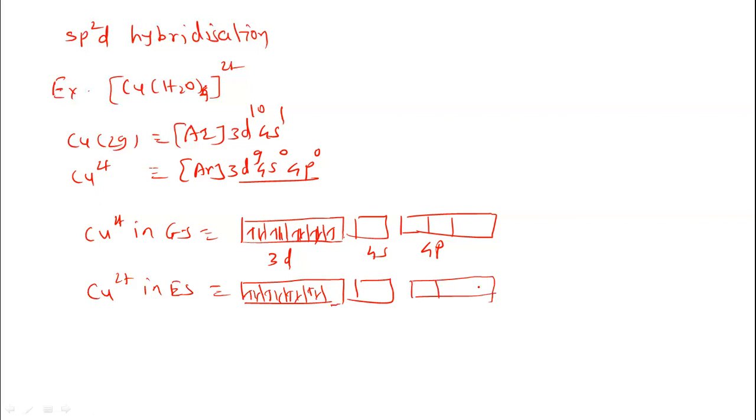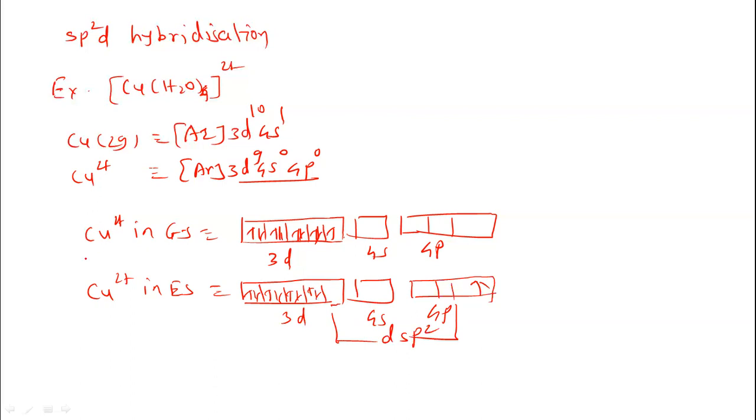So let us put that unpaired electron here. Now one d orbital is vacant, because we are discussing the involvement of the d orbitals in the hybridization. So this is 3d, 4s and 4p. So the hybridization here is dsp2. In this way the copper 2+ ion undergoes dsp2 hybridization.